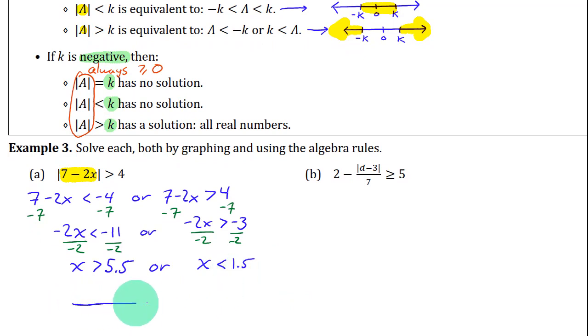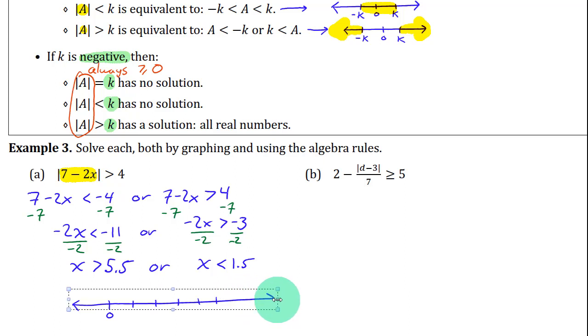Let's draw a graph of that. 0, 1, 2, 3, 4, 5. I think I need to stretch this out a little bit. 6, 7. Okay, so here's 5. Here's 1.